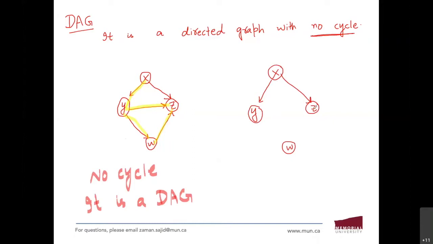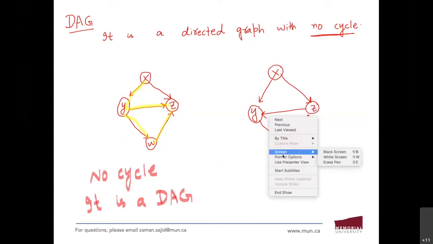X is going into y and y is going into w. And instead of this direction, if I choose this direction, now let's see if we have a cycle here or not.